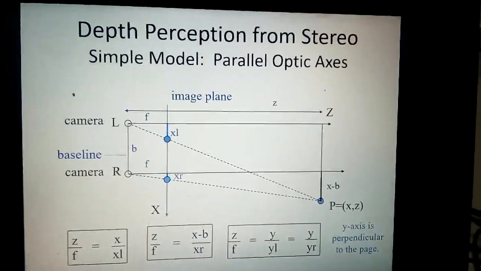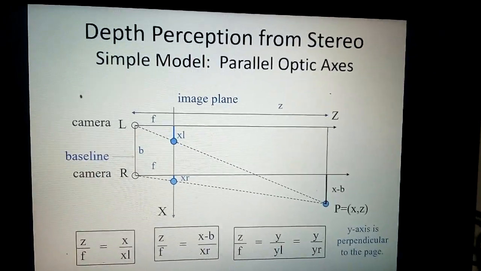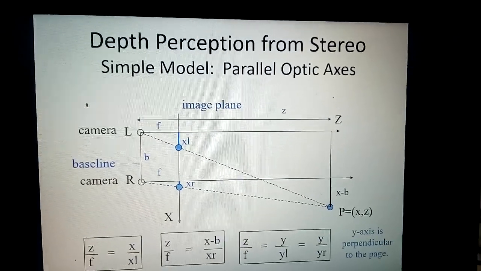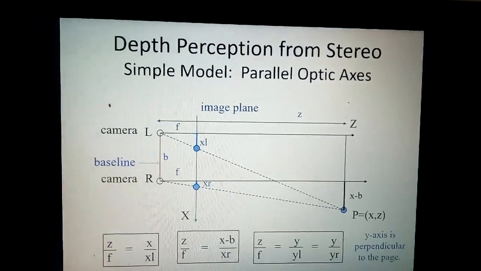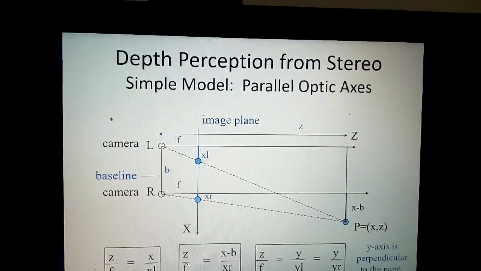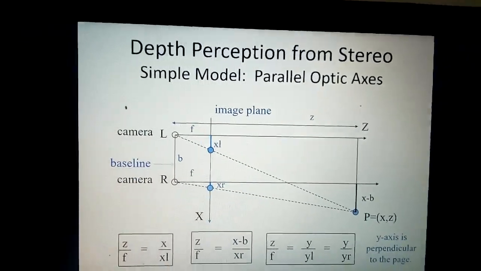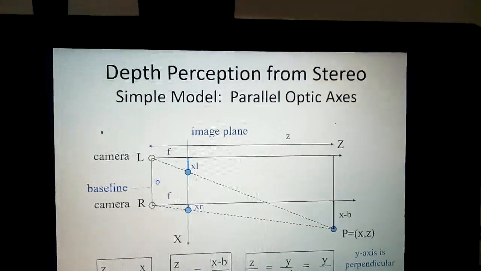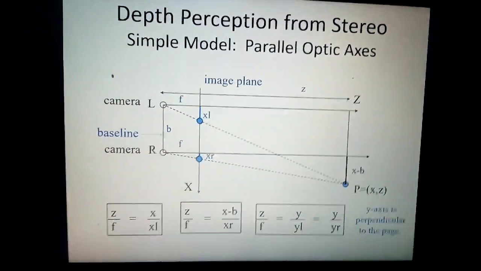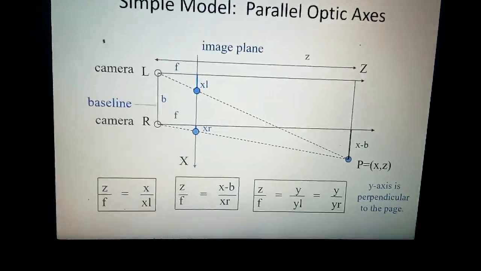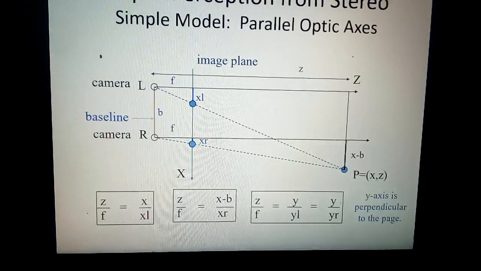In this figure, for a camera of focal length f and baseline b, which is the difference between the positions of the two cameras, if the two image points are xl, yl and xr, yr, using similar triangles again we get the equations z by f is equal to x by xl, z by f is equal to x minus b by xr, z by f is equal to y by yl and y by yr.